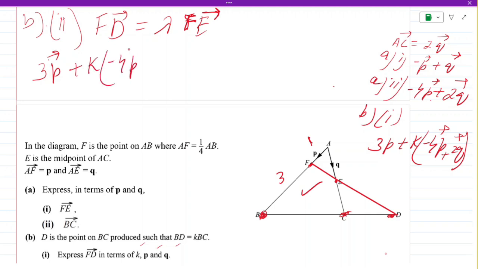Minus 4 times P plus 2 times Q vector is equal to lambda times FE, and FE is equal to minus P plus Q. I have saved the answer over here.